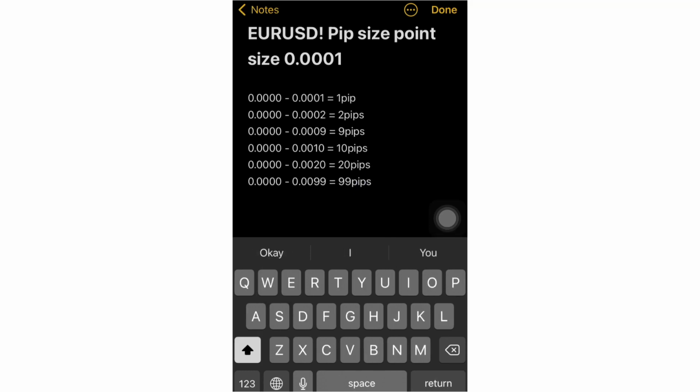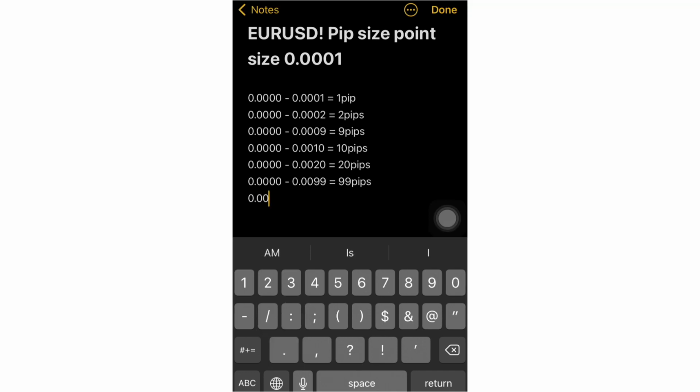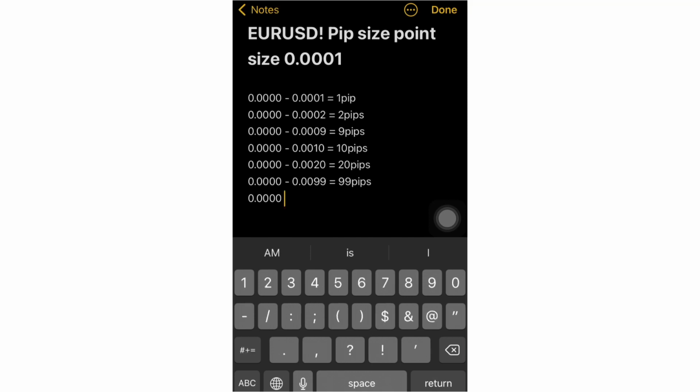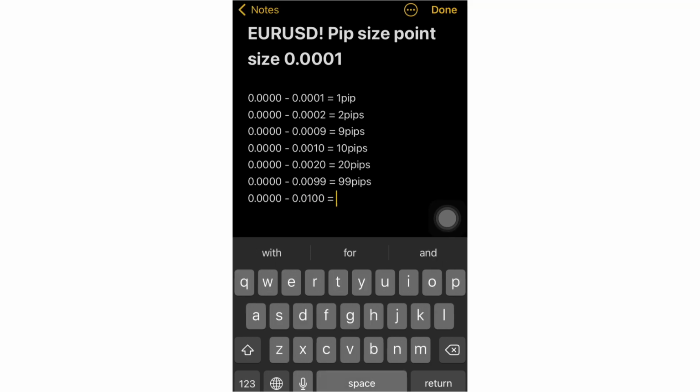Let me quickly show you what 100 looks like. 0.0100. This is what 100 looks like. So this is a 100 pip move. This is easy when it comes to phone numbers from how I've explained.